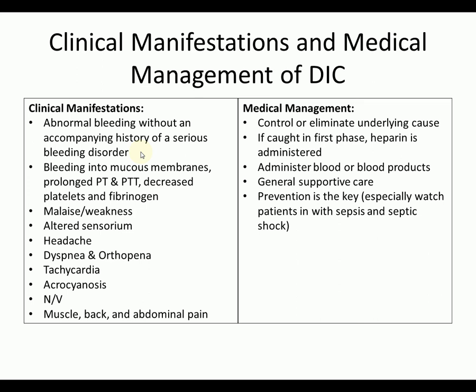Medical management: prevention is the key. Essentially, watch the patient who is in sepsis or septic shock. You want to do generalized supportive care and administer blood and blood products. If caught in the first phase, heparin is administered, and control or eliminate the underlying cause.